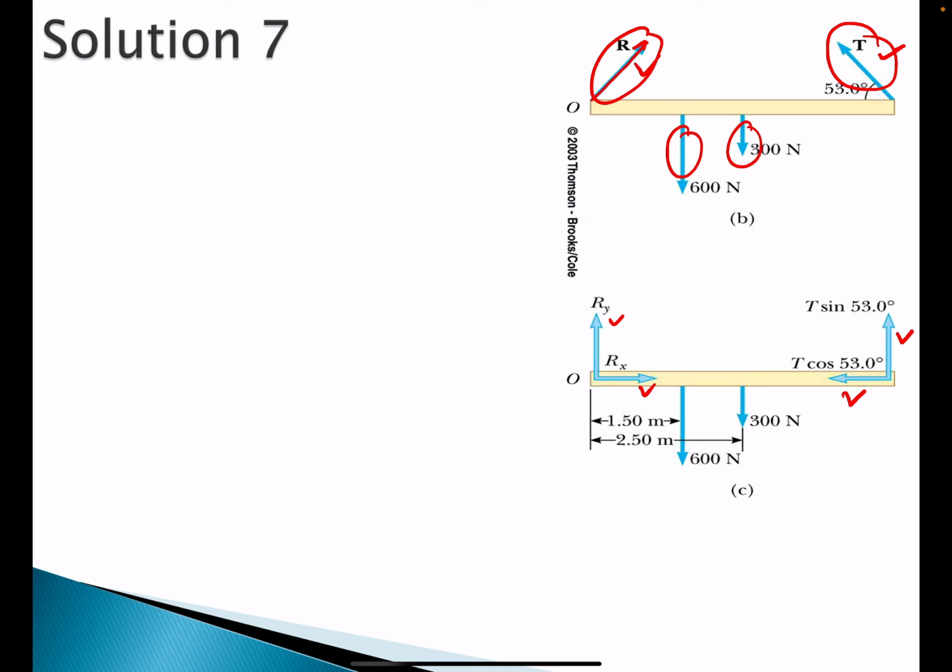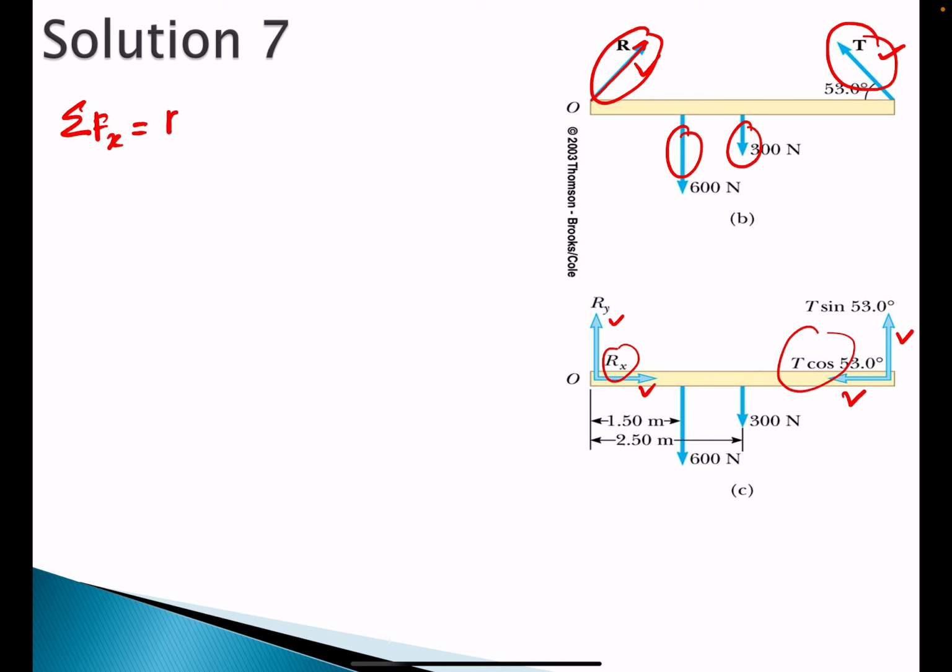Okay, so now we can follow the first condition. The first condition states that the summation of forces in X will be equal to 0. So we look at the X component first. The X component is Rx and T cos 53.